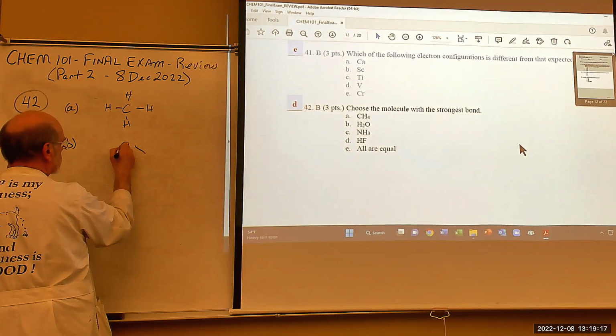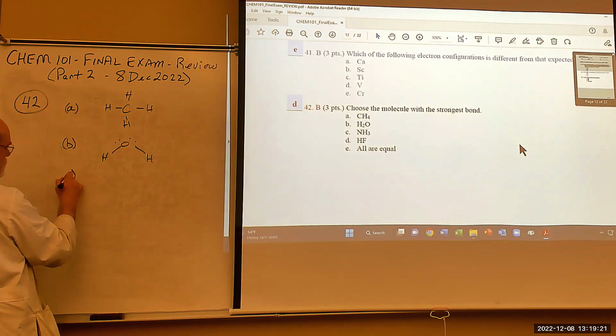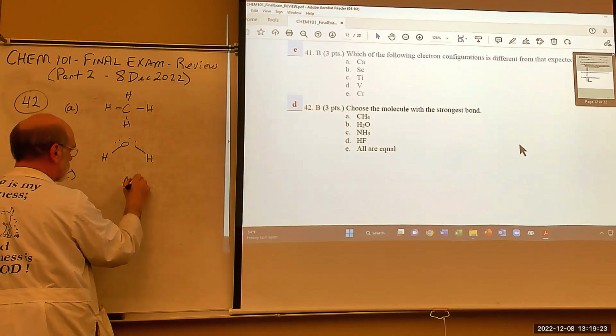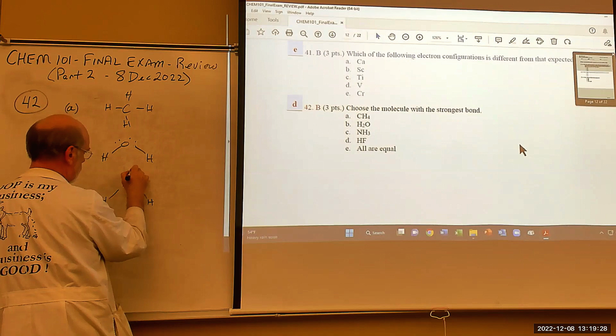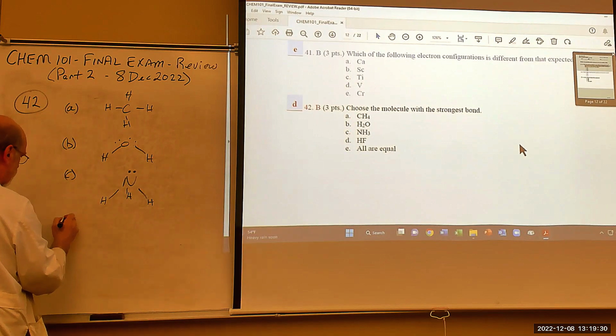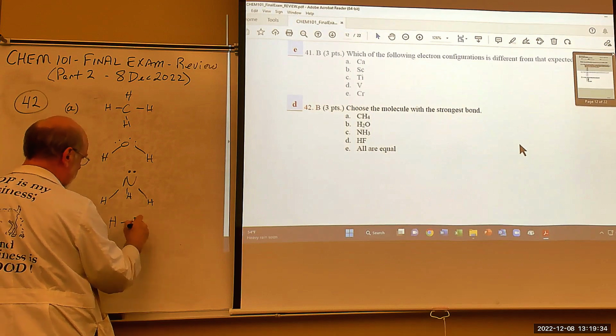Water is like this, with 2 lone pairs. Ammonia is like this, with a lone pair. And HF is like that.